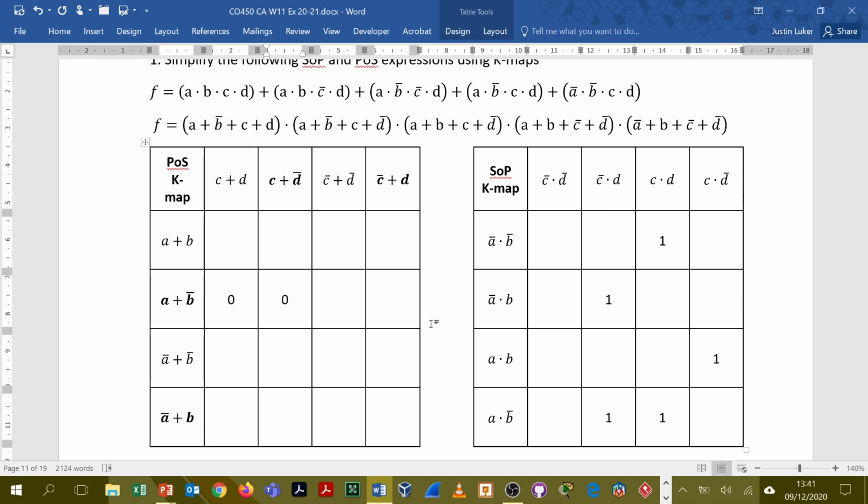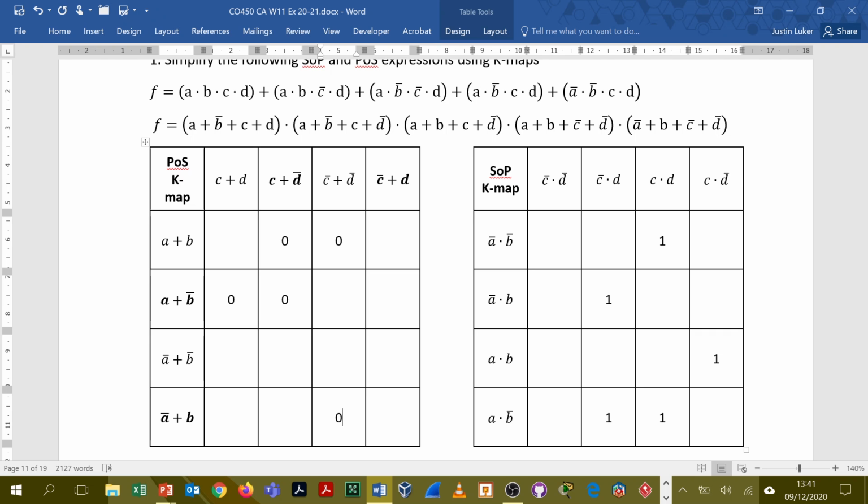And then we've got A, B, not C, not D. And then we've got not A, B, not C, not D. There we go. So we've got those mapped out.